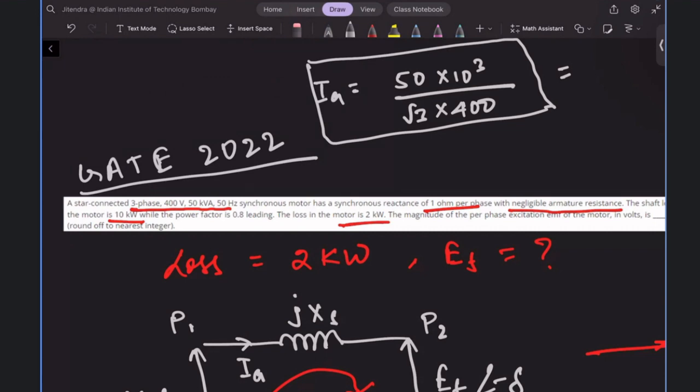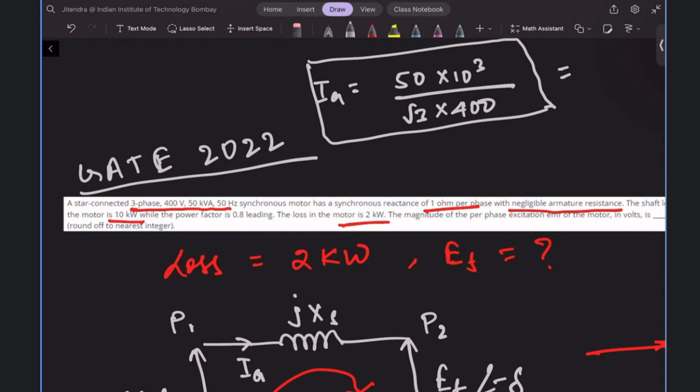I just saw the rating 50 kVA, 400 volt, three phase star connected, and I just calculated that value. But it is the rated armature current. And this particular motor at this particular instant might not be operating at rated condition.